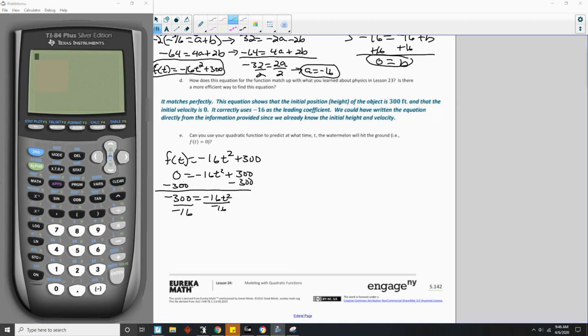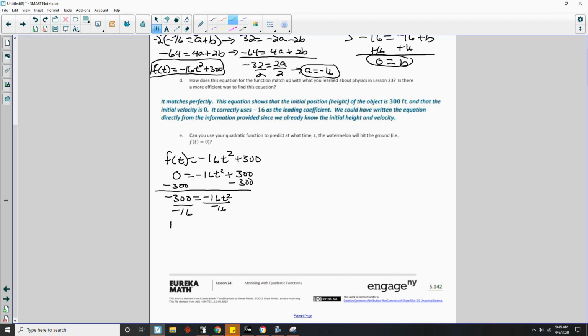Okay, get my calculator. 300 divided by 16 is 18.75. Negative divided by negative is positive, so I didn't use my negatives. Okay, so 18.75 equals t squared. Take the square root of both sides. Don't forget your plus or minus here.